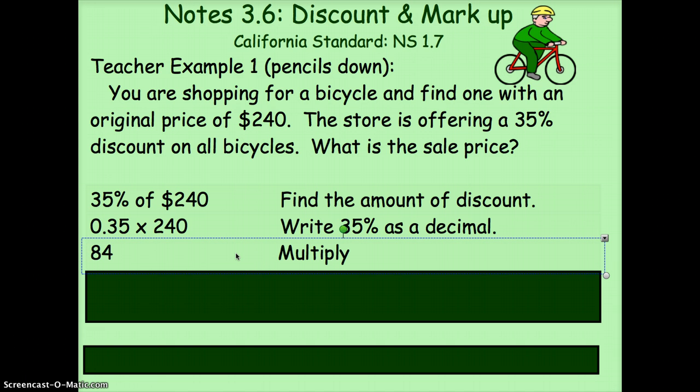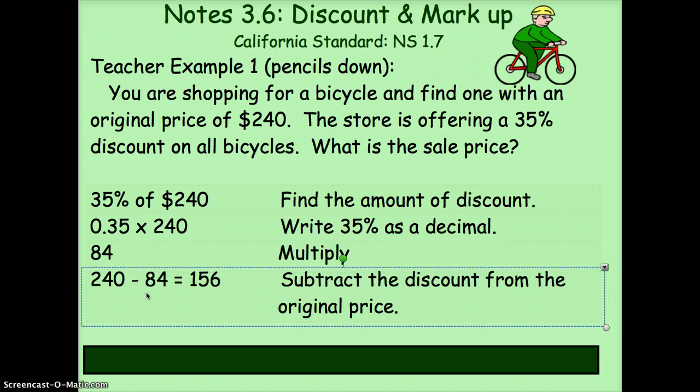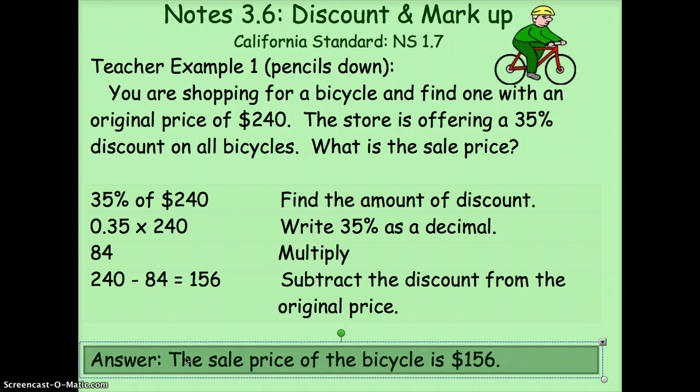Now here's the catch. You just found what the discount was. What it's asking for is what the sale price is. So that means the shop is taking $84 off of the original price of $240, and our new price is $156. Notice I do need my dollar sign in there.